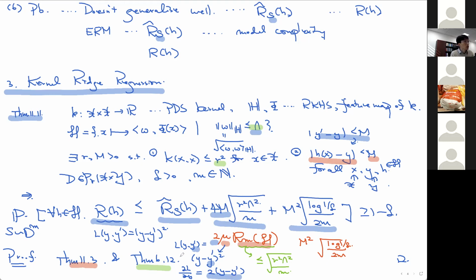Okay, but what the theorem really tells us is the following. If we want a good generalization bound, any theorem using Rademacher complexity says that to get a good performing algorithm, try to find some mechanism to control the Rademacher complexity. In this case, Rademacher complexity is directly related to the size of the norm.